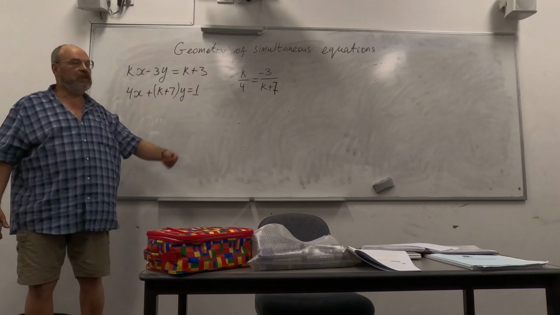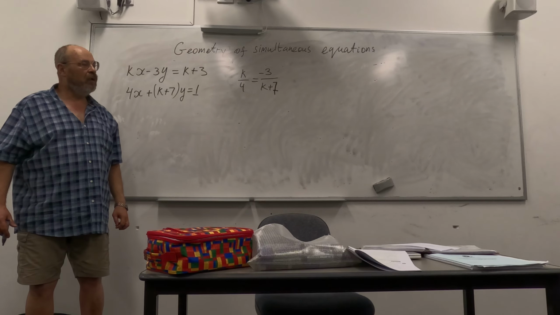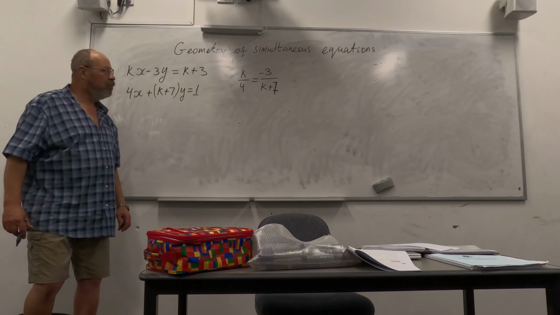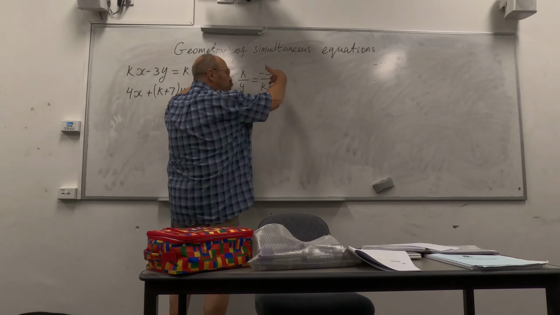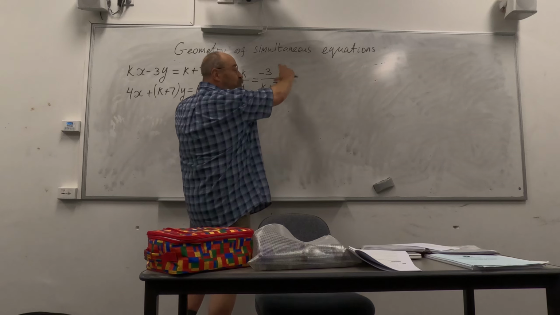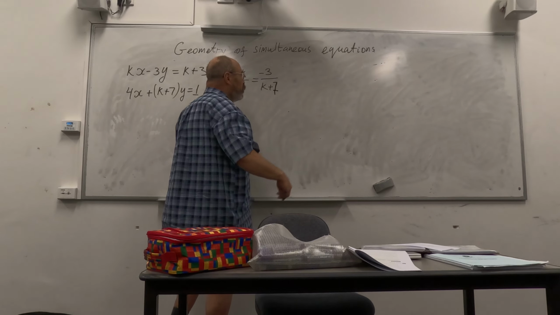Does it matter which order we put either thing? Could we do 4 over k? We can, as long as both sides are flipped; it will be the same equation.